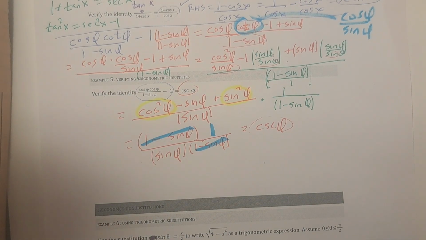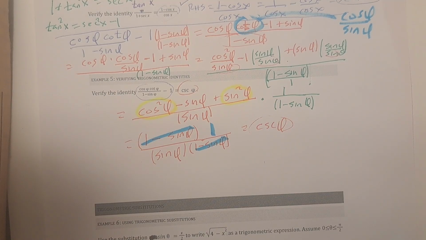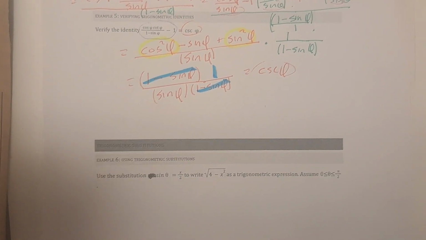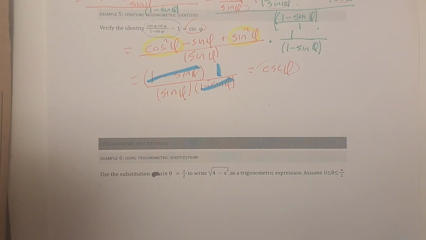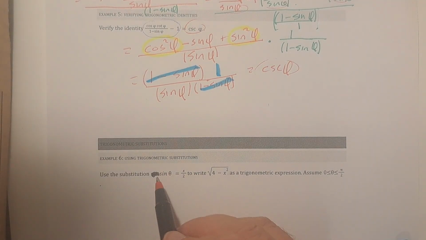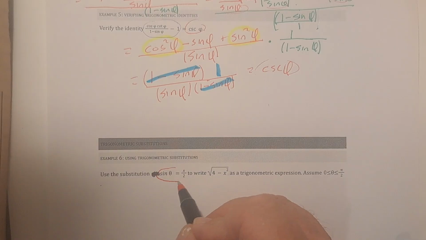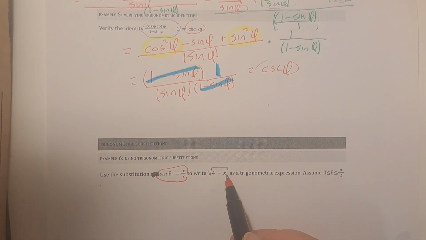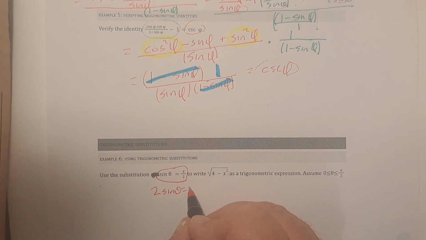All right, now let's do, well, we can start on it here. They're telling me to substitute this function. And the expression has x in it, not x over 2. So the first thing I would do is multiply both sides of this by 2, and then I'd have 2 sine of theta is equal to x.